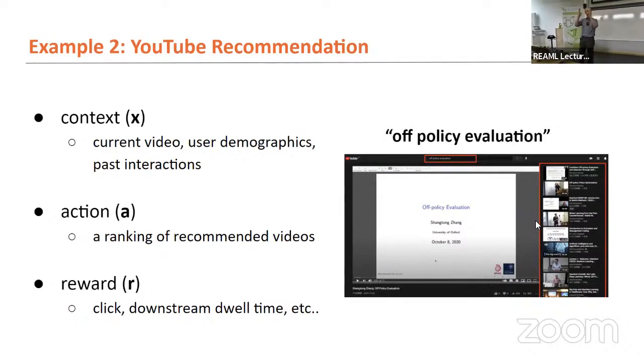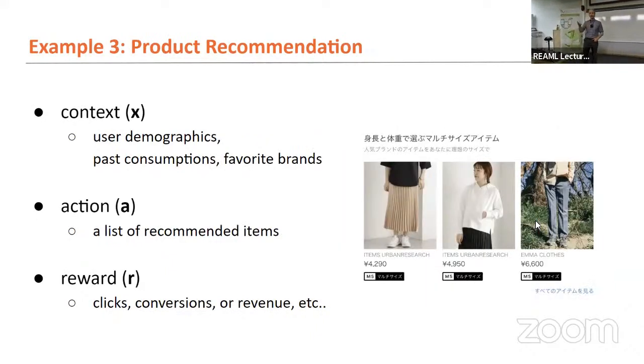And again, that ranking is an action that the system took, and the system can then observe whether you click on something there. And you can even look forward, whether you engage downstream. Again, this contextual bandit loop. And finally, again, this product recommendation, there's a context. The action is this set of recommended items, and the reward is whether you purchase something or click on something.